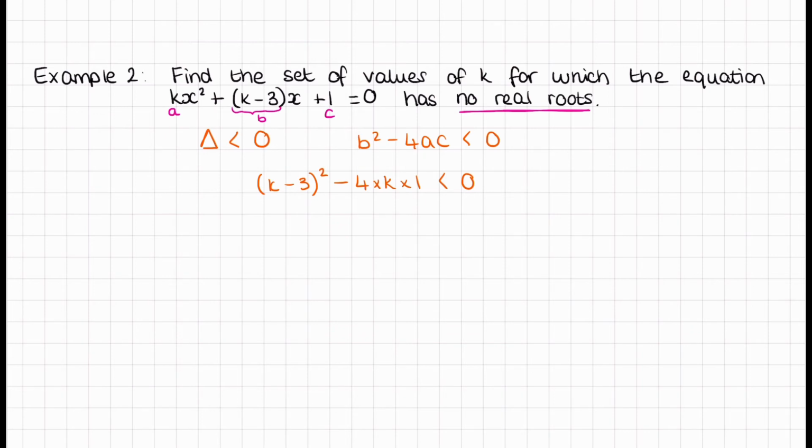Now from here we need to expand the brackets, so we'll get k squared minus 6k plus 9 minus 4k. Simplify this down and we'll get k squared minus 10k plus 9 is less than 0.